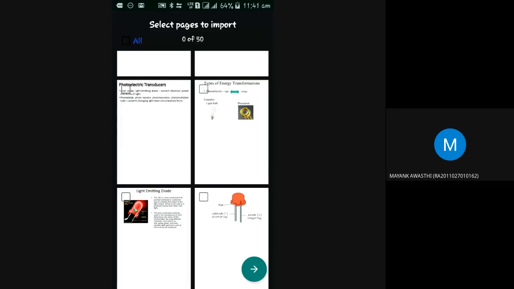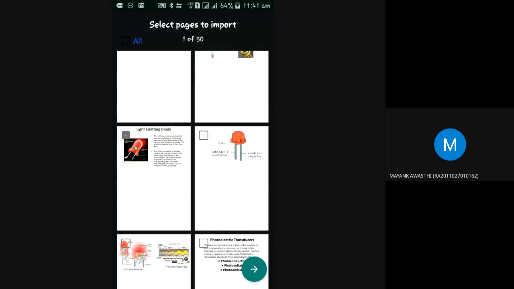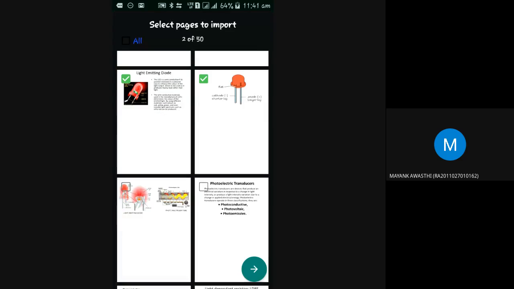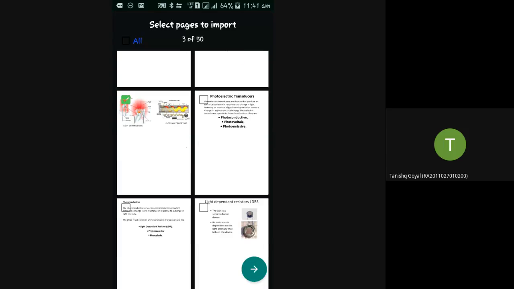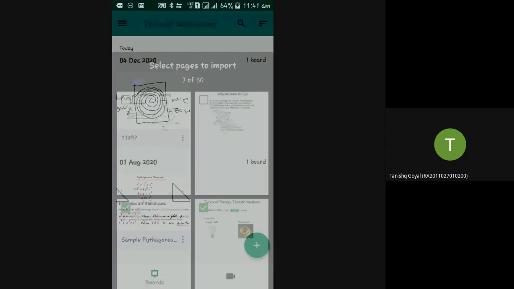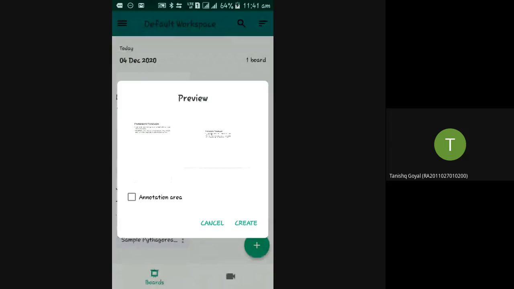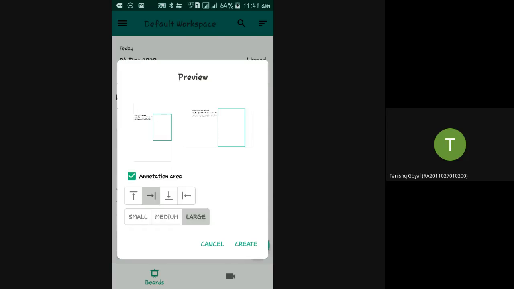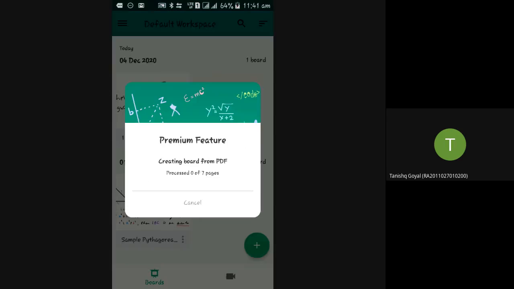Thermometer, thermistor and all, what type of transducer? Electrical. What will the temperature transducer do?